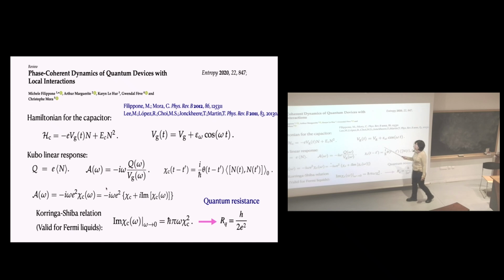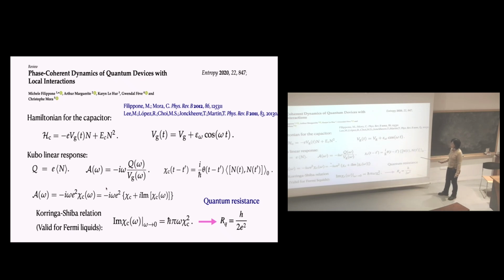And evaluating in linear response, we define this admittance in this way: the ratio between the charge accumulated in the capacitor divided by the voltage.